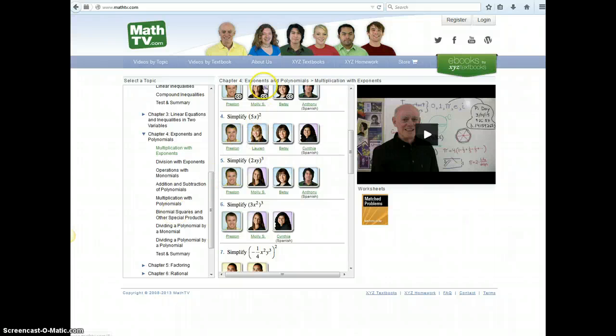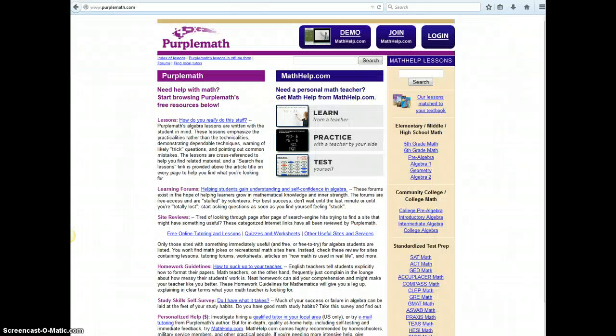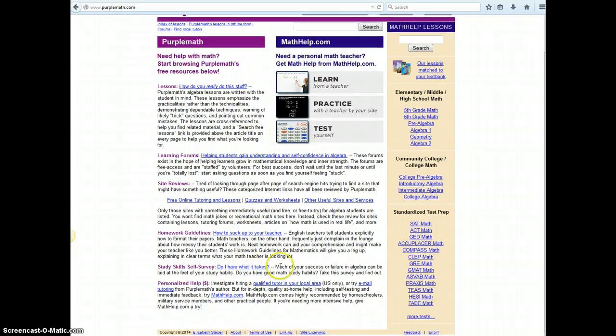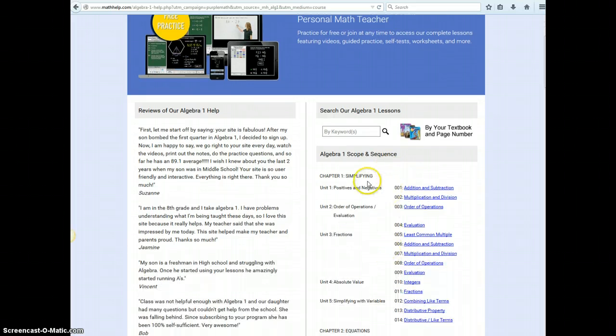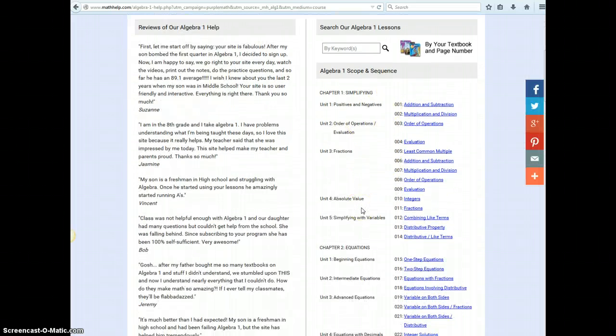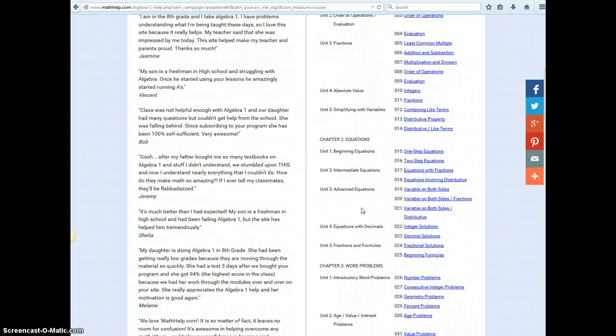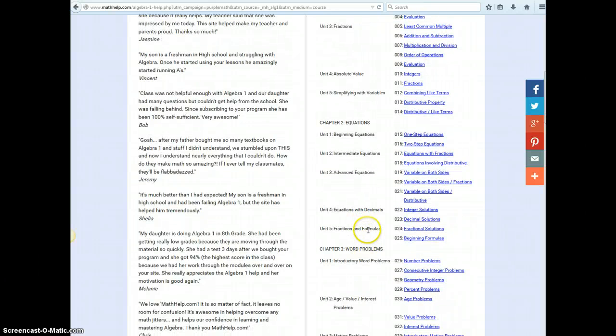There's one more resource that I want to show you, and that's purplemath.com. There's all sorts of information here, and again, there are resources that you can use, and how to suck up to your teacher. That's not really necessary. But go ahead and go to the algebra topic, and again, you will have a review of the topics that are being covered in our class: equations, decimals, fractions, and formulas.